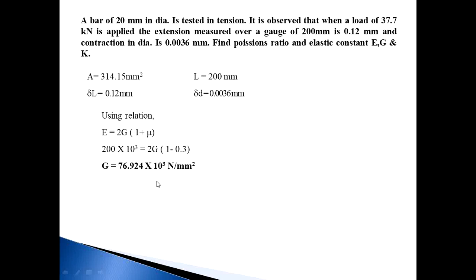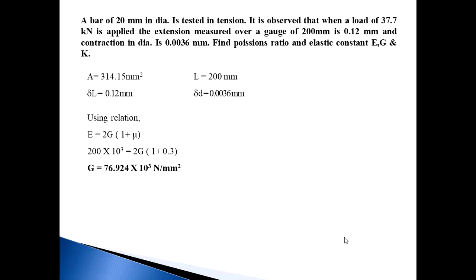Then using the relation E is equal to 2G(1 plus mu), 200 into 10 raised to 3 is equal to 2G(1 plus 0.3). Simplifying this equation, the only unknown is G. So G is equal to 76.924 into 10 raised to 3 Newton per mm square.